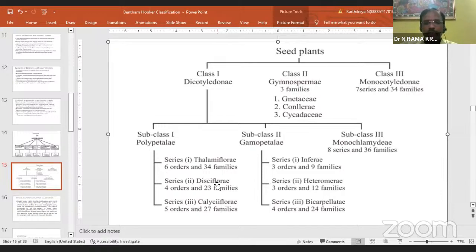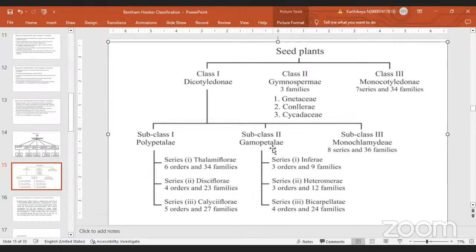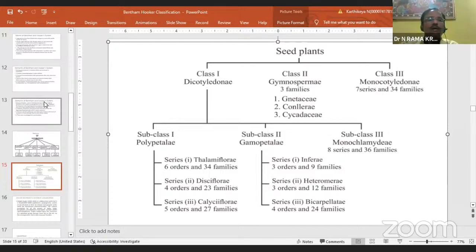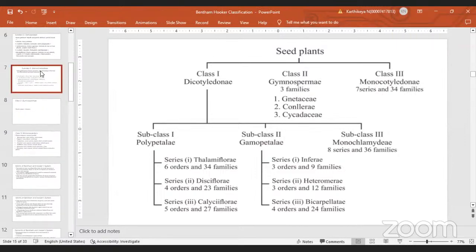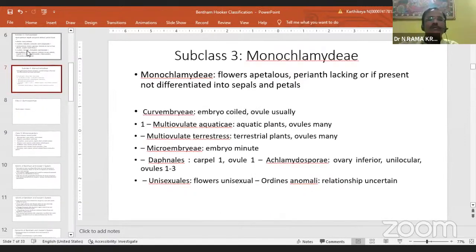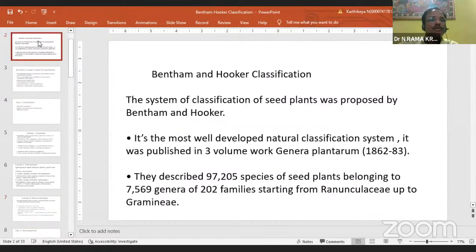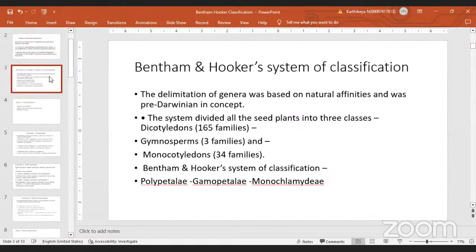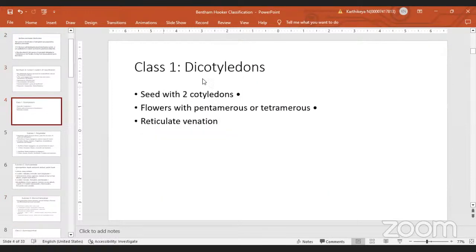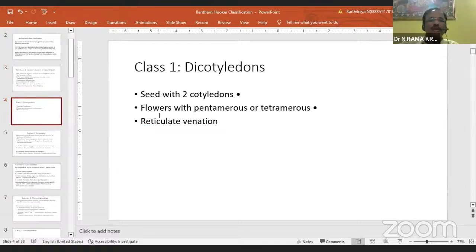The next point is Gamopetalae. The second subclass is Gamopetalae. What is the meaning of Gamopetalae? Gamopetalae means fused petals. Now you see the dicots were completed.